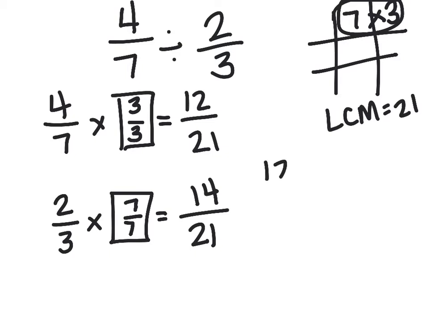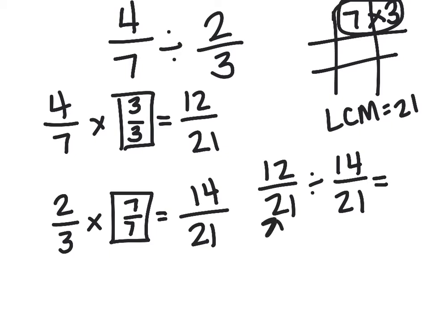I'm going to rewrite that here. 12 over 21 divided by 14 over 21. Now, when I look at the denominators, I see that they are the same, 21 and 21. 21 divided by 21 is just 1. So I know that my answer is going to be 12 divided by 14.